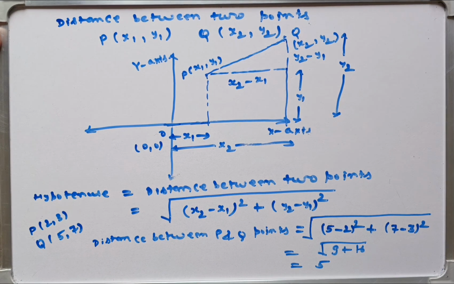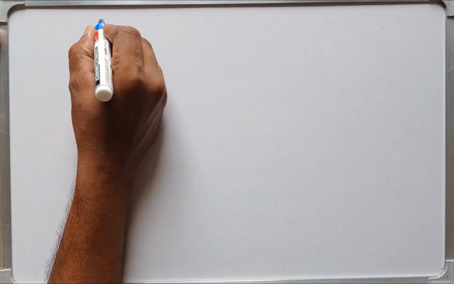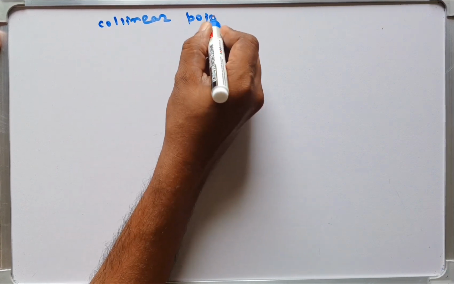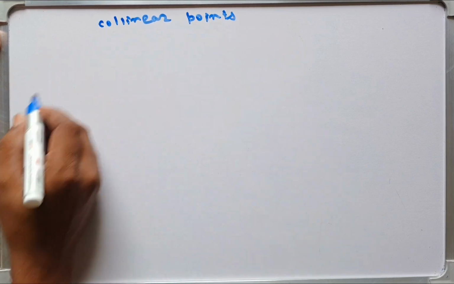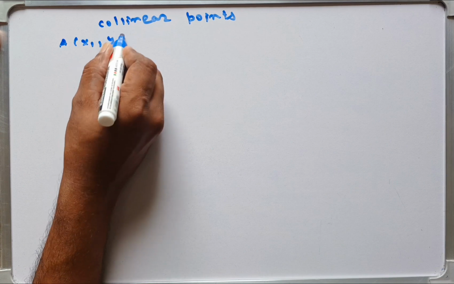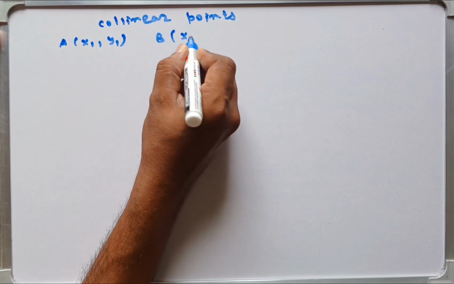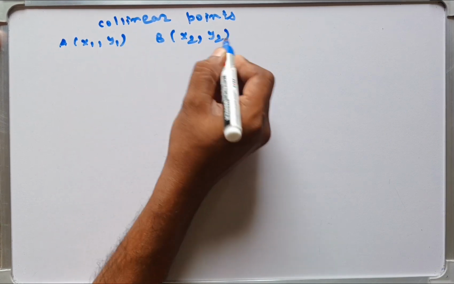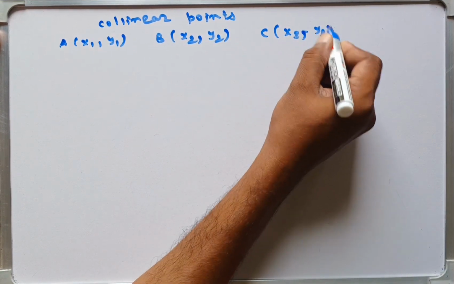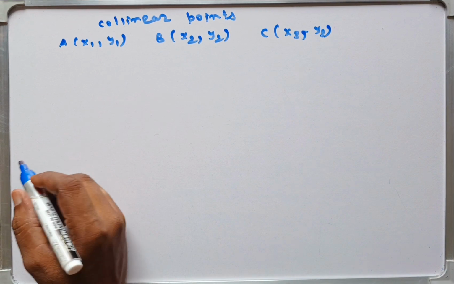Okay, now next one is collinear points. Suppose A has coordinates x1, y1, B has coordinates x2, y2, and C has coordinates x3, y3.